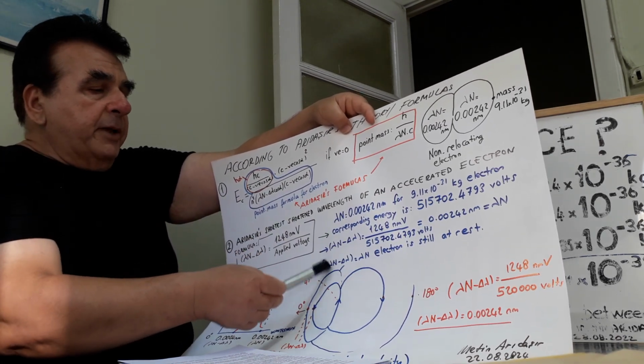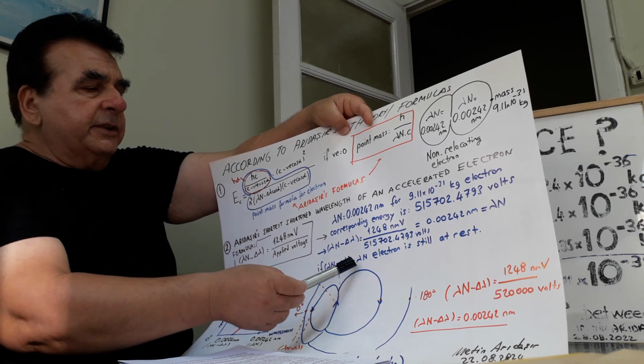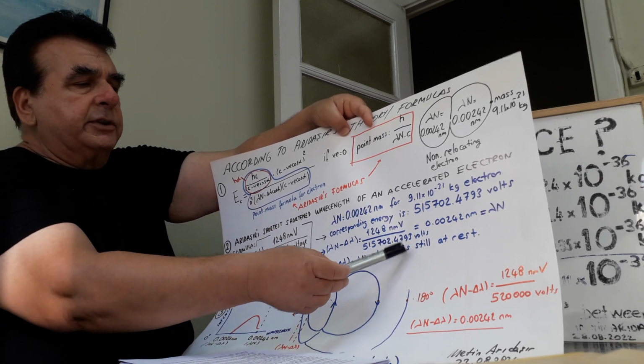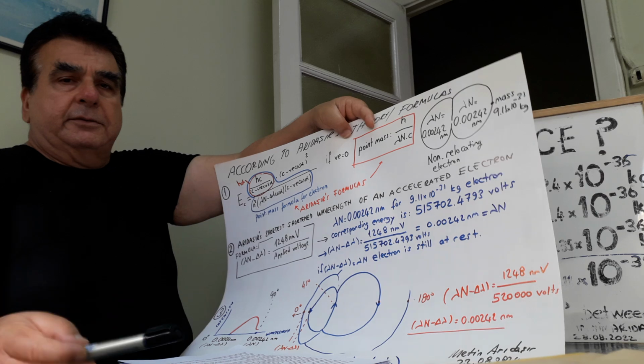If lambda normal minus delta lambda equals lambda normal, the electron is still at rest.